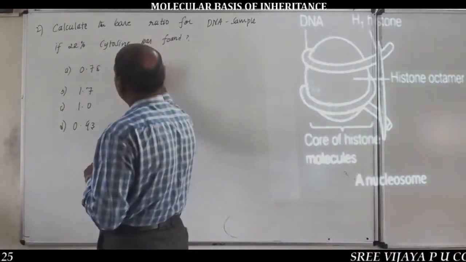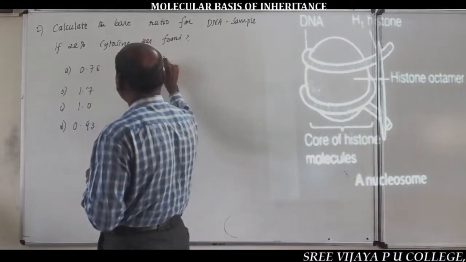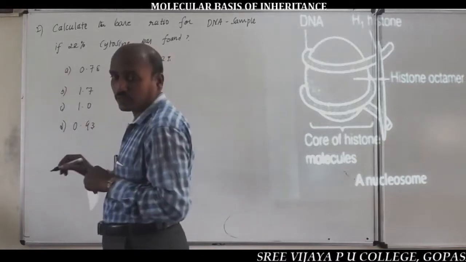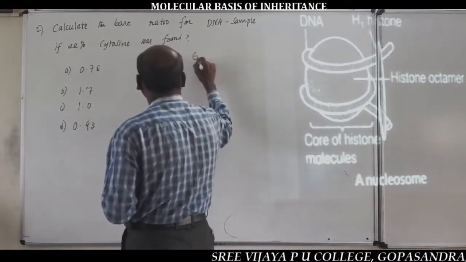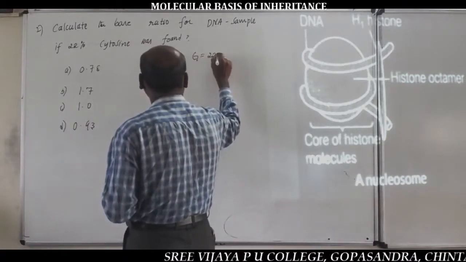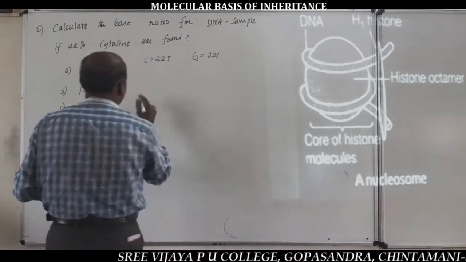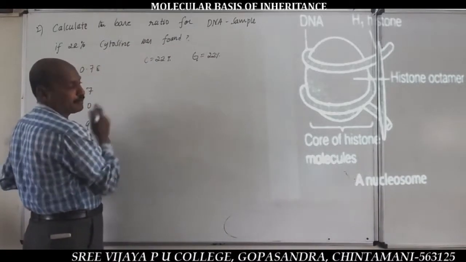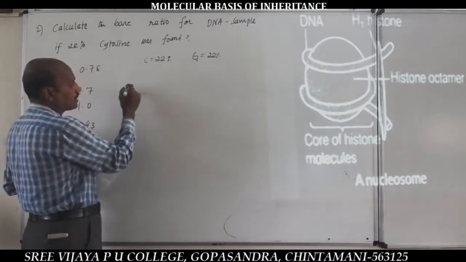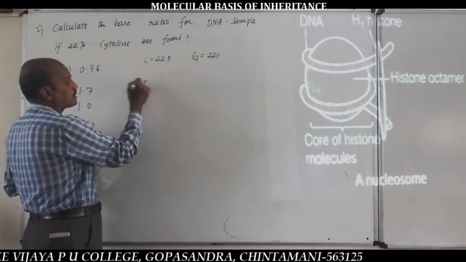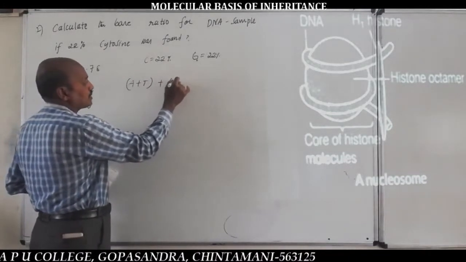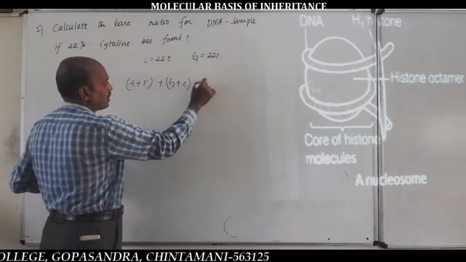Your solution is a minor correction from this problem. The answer: when cytosine equals 22%, guanine equals 22%. Chargaff's base equivalence equation is A plus T plus G plus C equals 100.